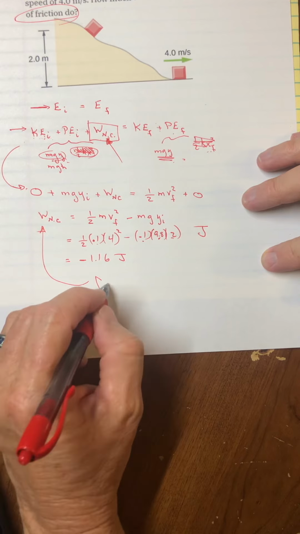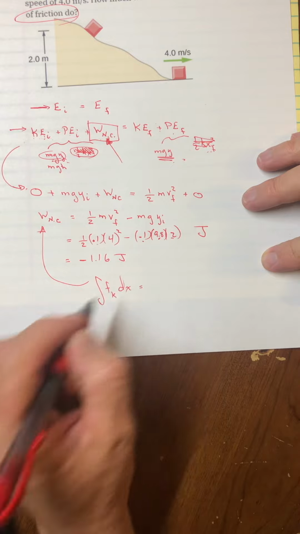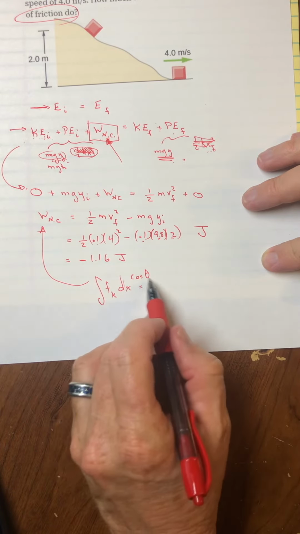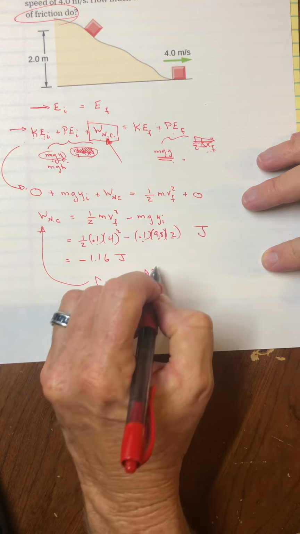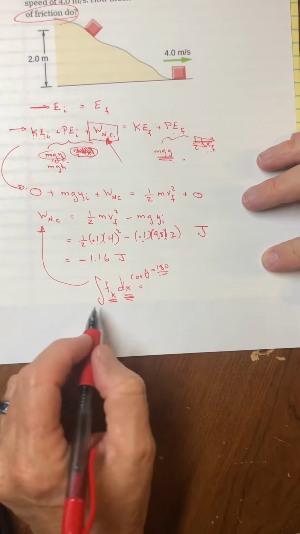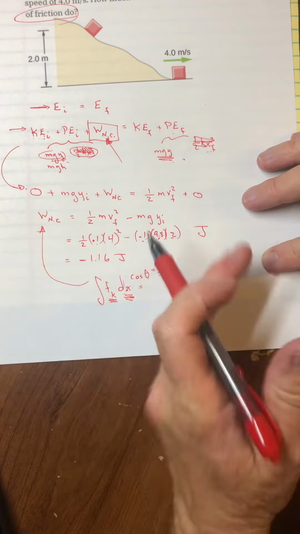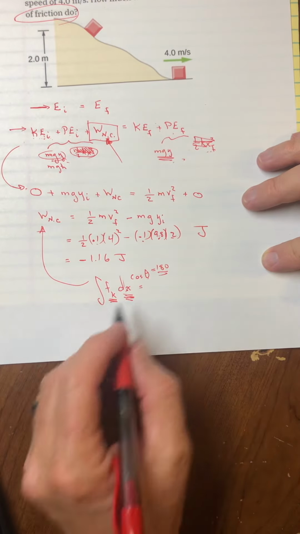And I'm real happy to see a negative sign because when we worked out the work, we had this integral of the force of friction and then some distance involved, and cosine of the angle. The angle between the friction and the direction it moves is 180 degrees. If it moves, say, to the right, as it is moving along, the friction is to the left. And so they're 180 degrees apart.